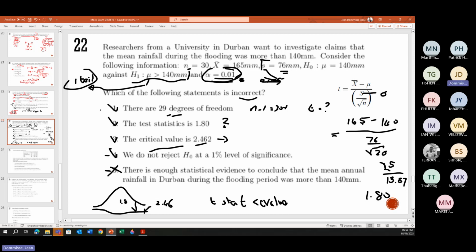So again, any shortcuts here? Probably not. I was hoping that the degrees of freedom might be wrong, or that one of the others was quickly wrong. This is how I would do it in the exam: look at the degrees of freedom, then look at your table for a critical value, and only then work out the T-stat.